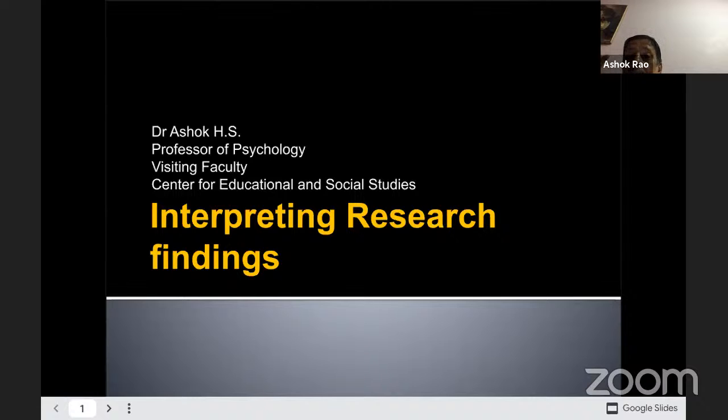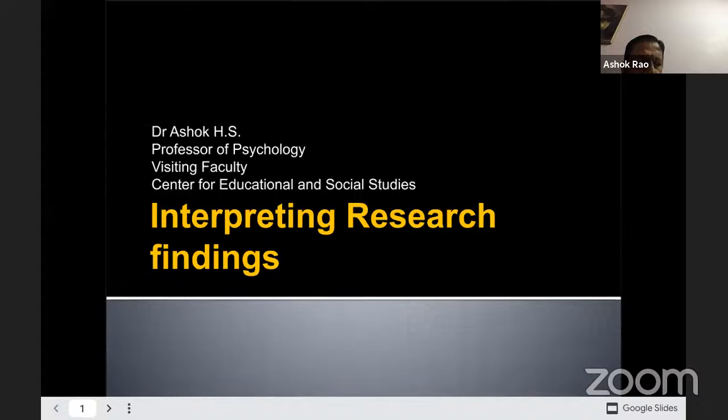So who will be publishing your report, or suppose you yourself publish your research later on, how you are going to interpret these is an important factor. So who publishes the report is a factor.